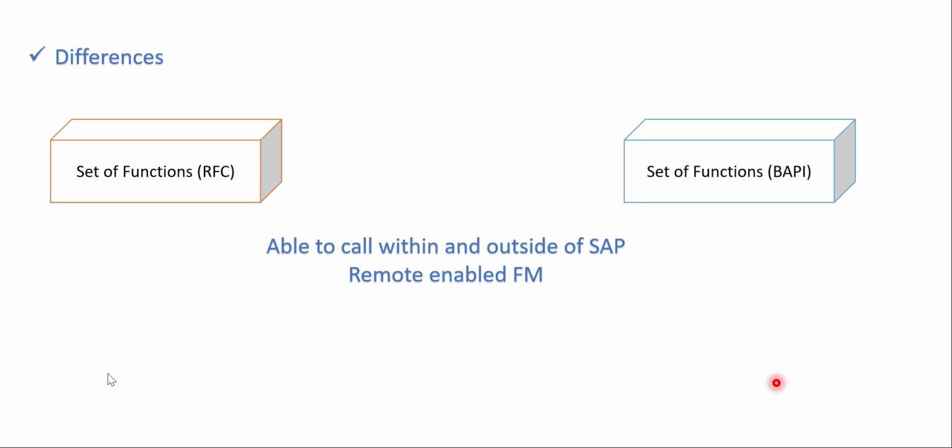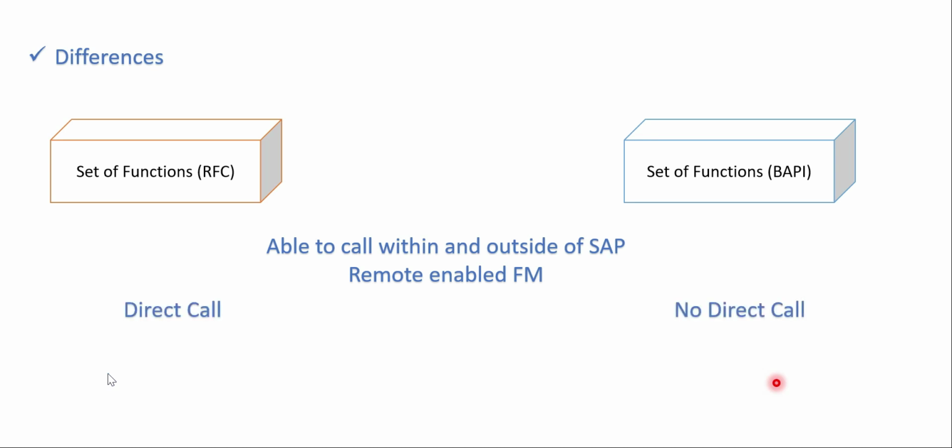Okay, these are common things. And both are remote enabled function modules. That is a very basic one. So if you want to create an RFC or a BAPI, that particular function module should be selected as remote enabled function module.